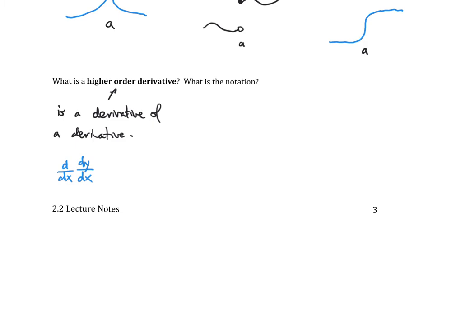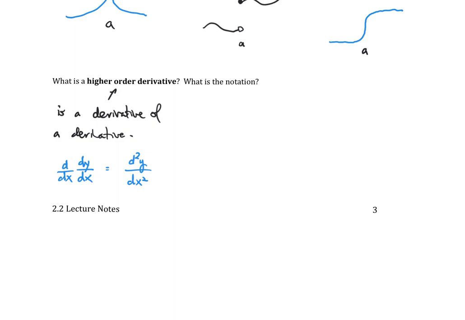This notation means take the derivative of the first derivative. The actual notation that we have looks like this. It's d squared y dx squared, like that. So it basically kind of looks like you're multiplying the d's together here, and you're multiplying these two dx's together, and that's how they cooked up this crazy Leibniz notation.